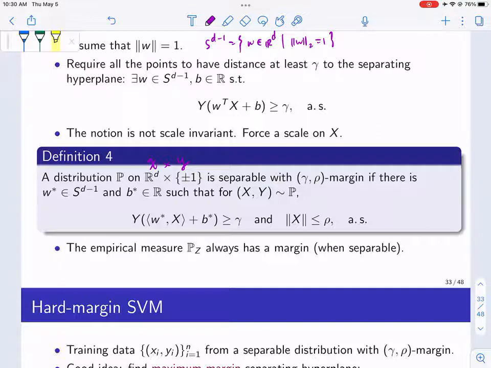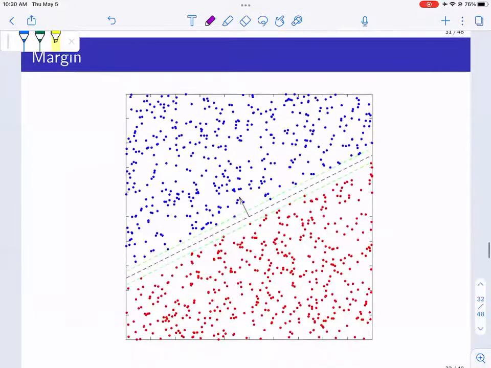The thing is that this is at the population level, it makes sense because for a finite set, if things are separable, you can make it small enough such that that happens, assuming that there are no ties basically among the classes.